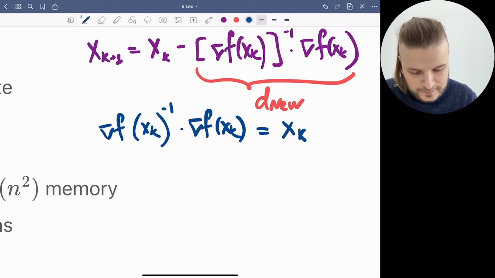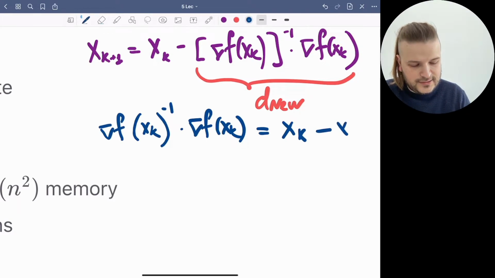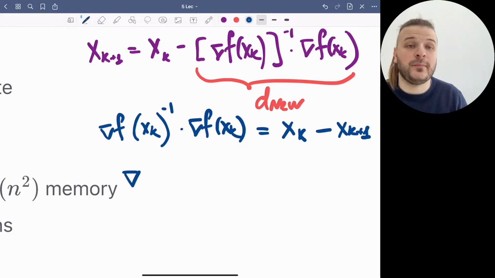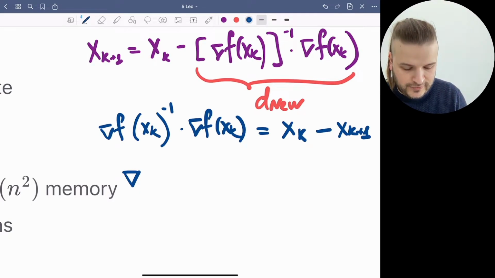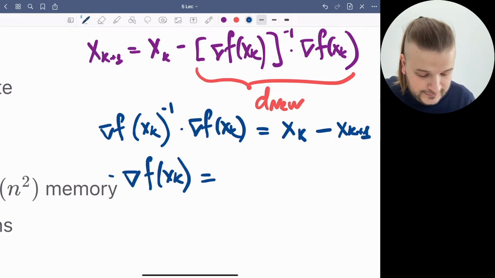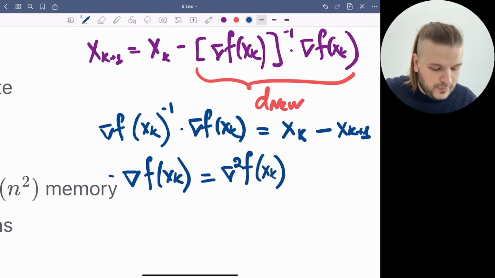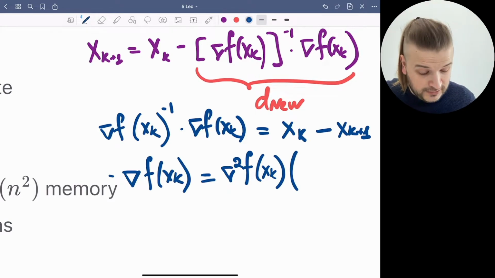It will be x k minus x k plus 1, right? Or we can multiply by a Hessian matrix both sides here, and we'll have this equation: minus gradient equals Hessian at the point multiplied by x k plus 1 minus x k.